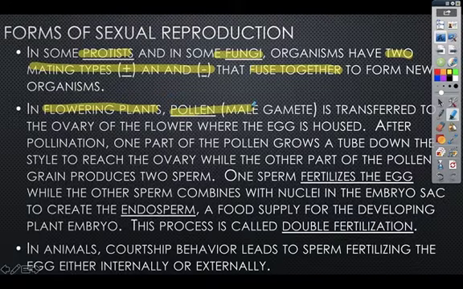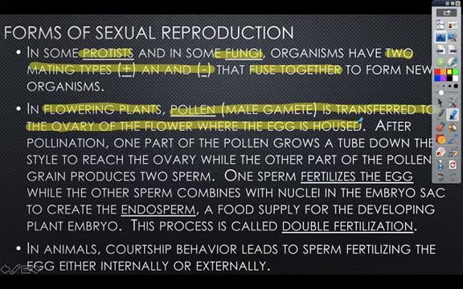But the pollen is the male gamete, and it's going to be transferred to the ovary. Remember the parts of the flower that we learned earlier. So it's transferred to the ovary of the flower where the egg is housed. And then after pollination, one part of the pollen grows a tube down the style to reach the ovary, and then the other part of the pollen grain produces two sperm.